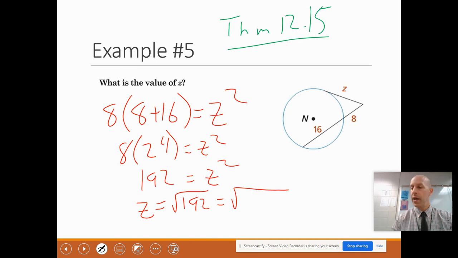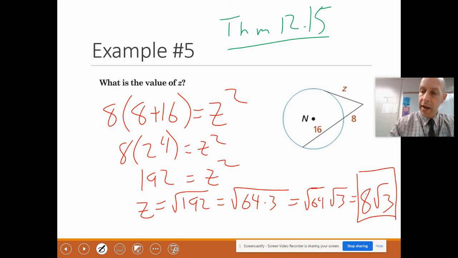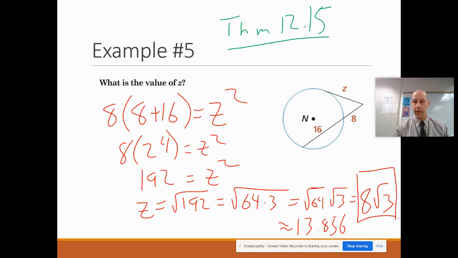But that's the same thing as the square root of 64 times 3, and the square root of 64 times the square root of 3. So that gives us 8 square roots of 3. That's your exact answer for z. Or if you want the decimal, it was 13.856. So that's the approximate answer. And I think that is the end of the examples.